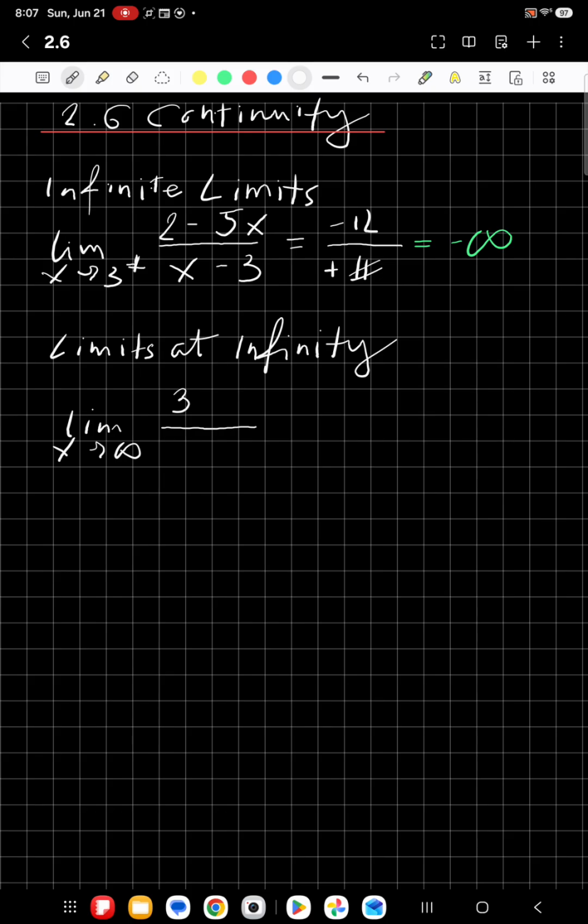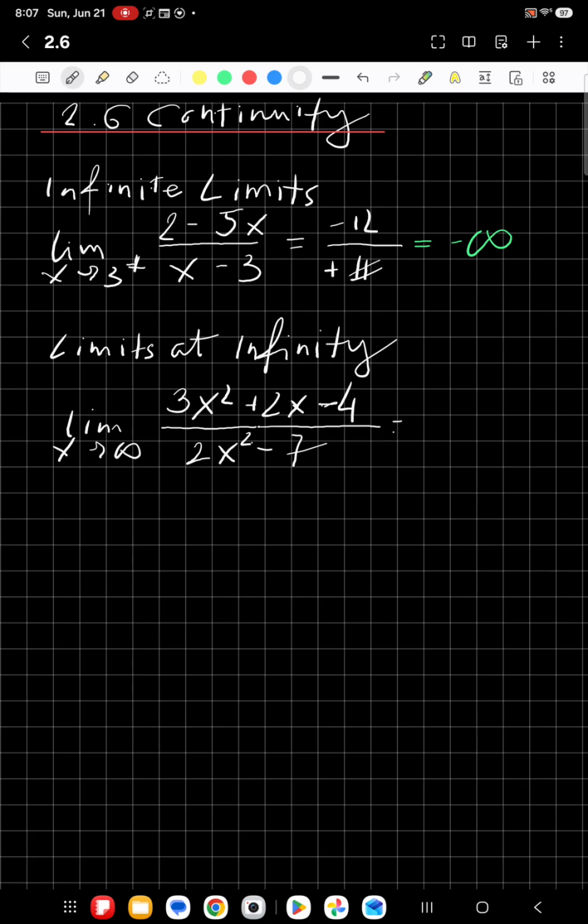Let's do maybe 3x squared plus 2x minus 4, and let's divide it by, say, 2x squared minus 7.